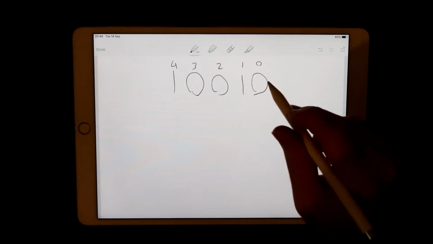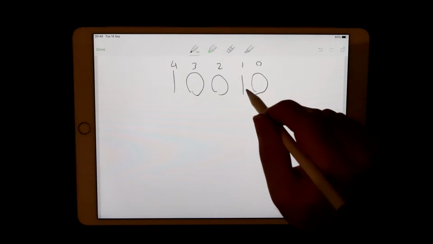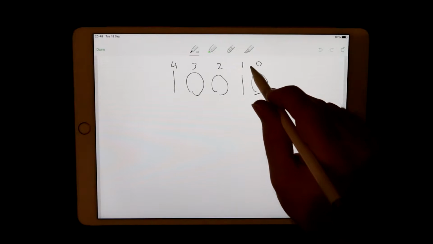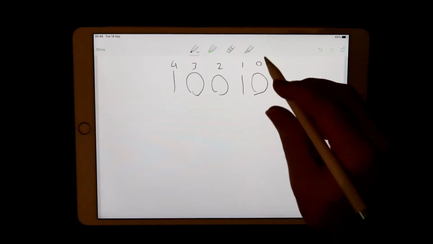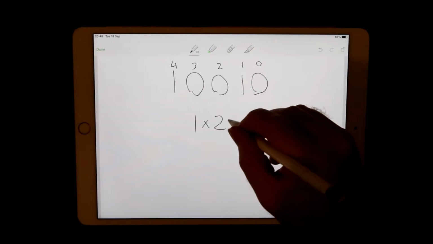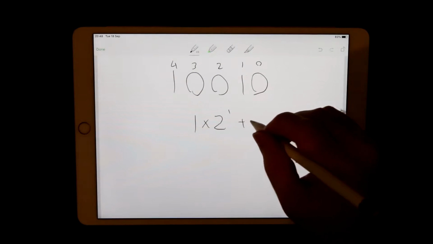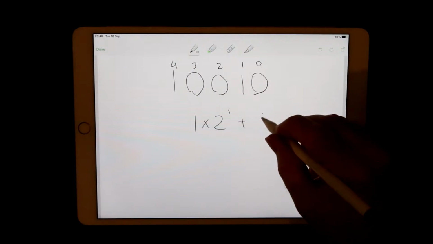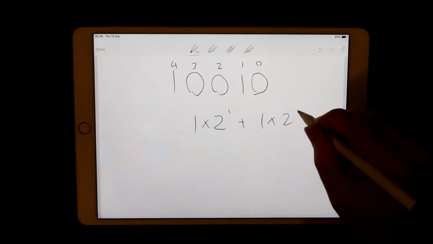So we have a contribution of 1 multiplied by 2 to the power of 1, plus 1 multiplied by 2 to the power of 4.